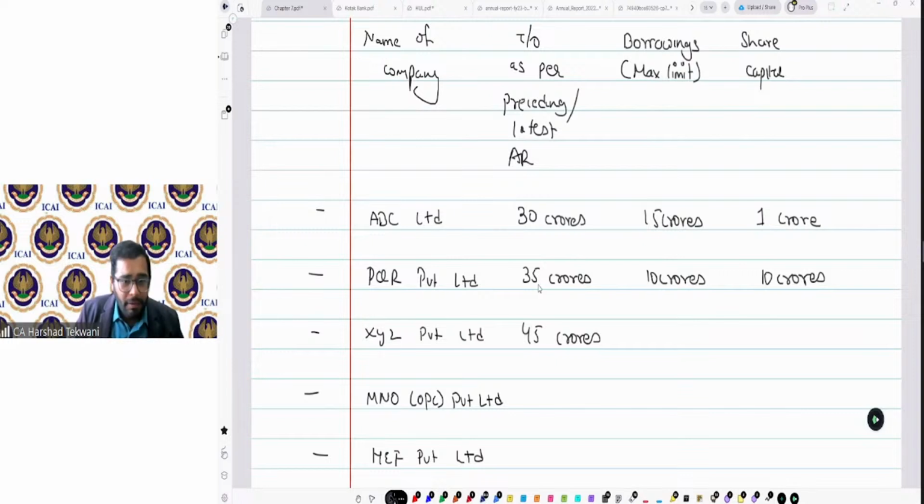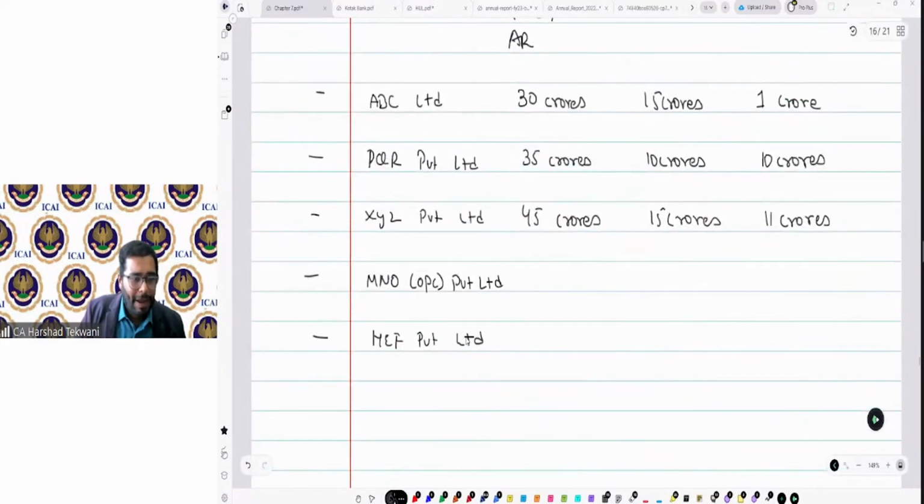My borrowings, again, 15 crore. And my share capital, let's say it's 11 crores. Then MNO Private Limited, OPC, we have turnover of 60 crores. We have borrowings, for example, not 10, but let's say 35 crores. And we have paid up share capital of 10 crore.